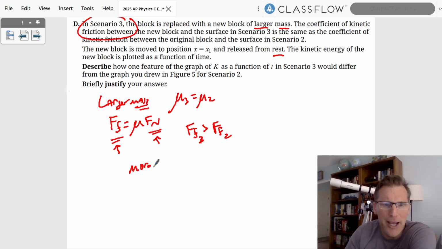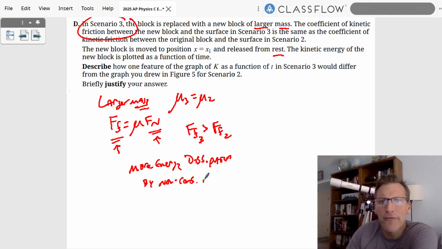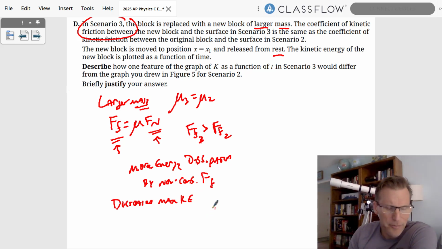by the non-conservative force of friction, which means that's going to decrease the maximum kinetic energy, isn't it? With every single oscillation.